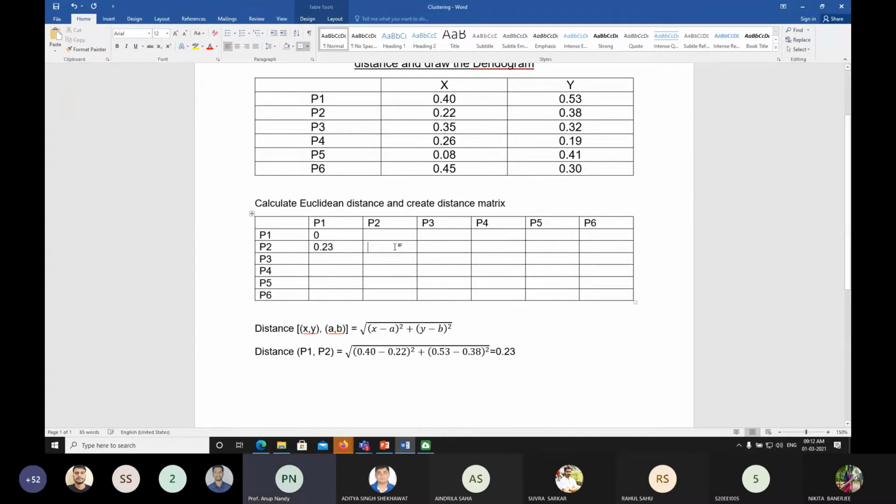Now p2, p2 will be 0. Now p2, p3 and p3, p2 will both be the same. Now you have to compute p3, p1. Can anyone tell me the answer? This is your distance matrix. What will be the value of p1, p3 or p3, p1?